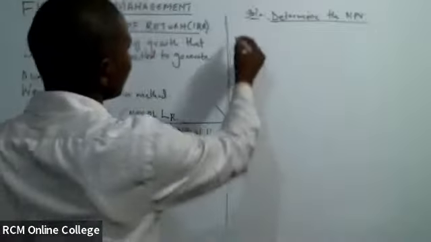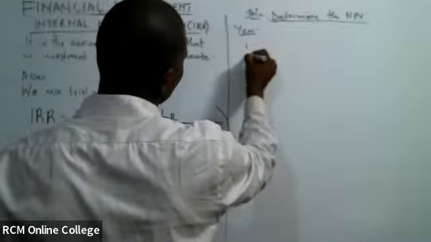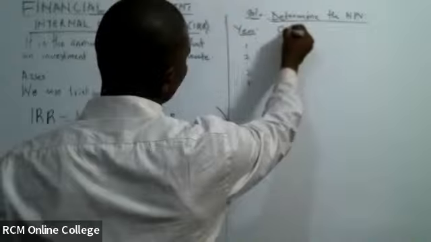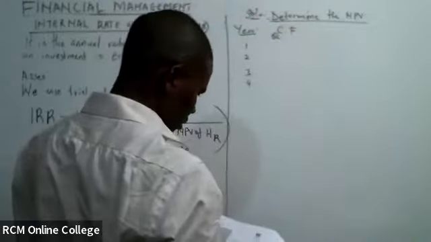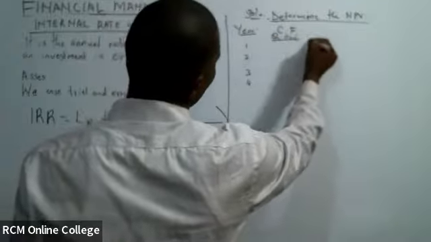So we have 4 years here: year 1, 2, 3, 4. And we have the cash flow here. Shillings are in 1,000 like that.